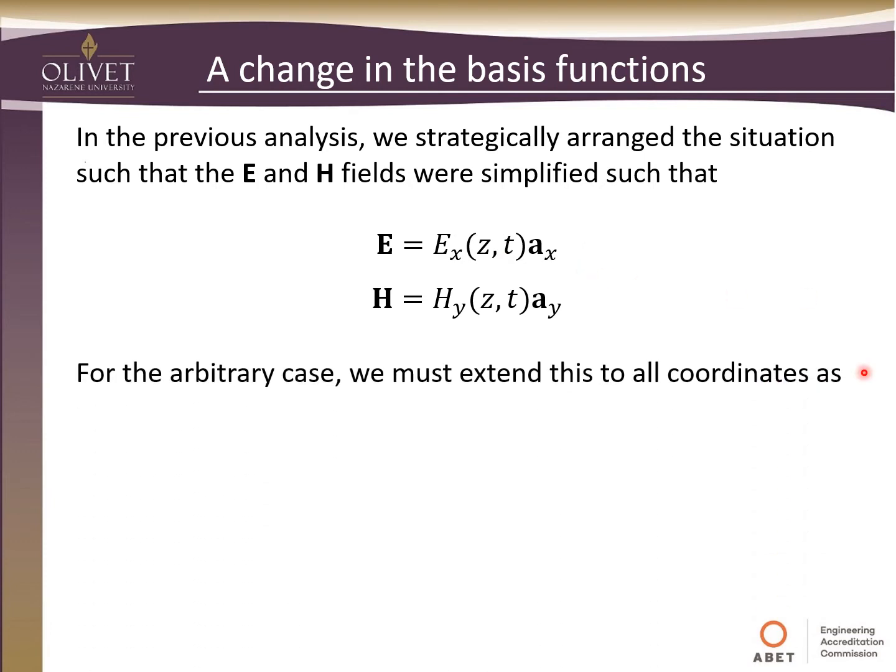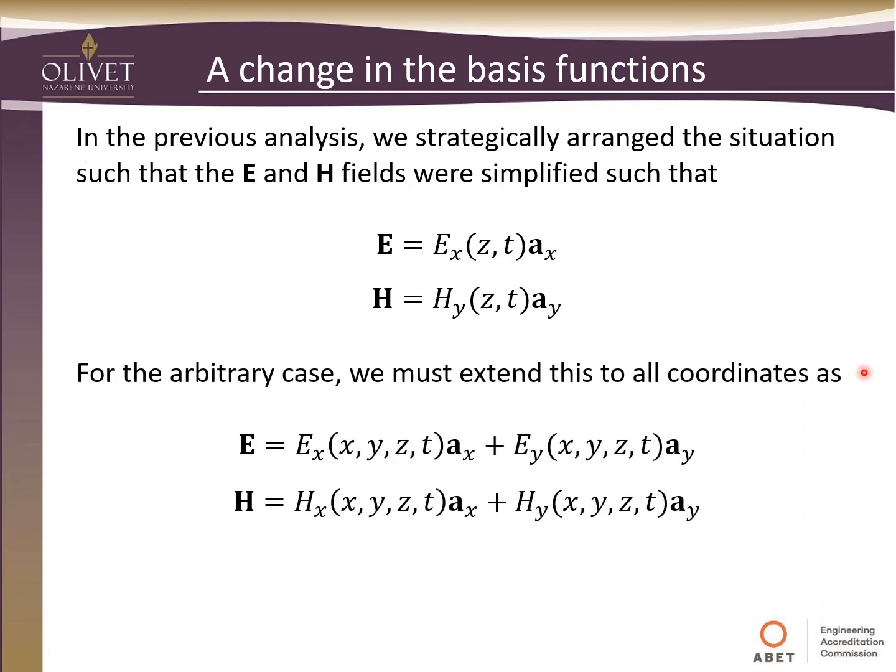Well, now we need to look at the arbitrary case, and so we need to take into account that it could have components in any of the three directions and in time, and each component could be affected by those. So you'll have an x and a y component, even though it is still transverse to the z direction.